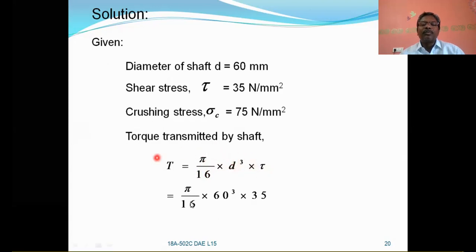This is the torque transmitted by the shaft. Tau is the same as the key material, which is 35, and the diameter of the shaft is given to you. So with this, you can calculate the torque value as 14,83,650 newton millimeters.